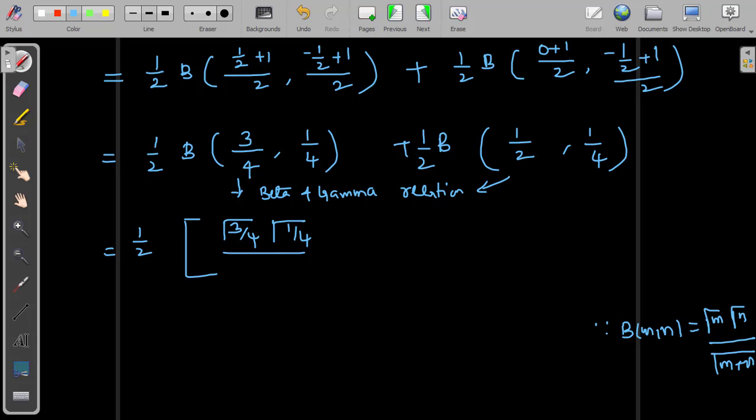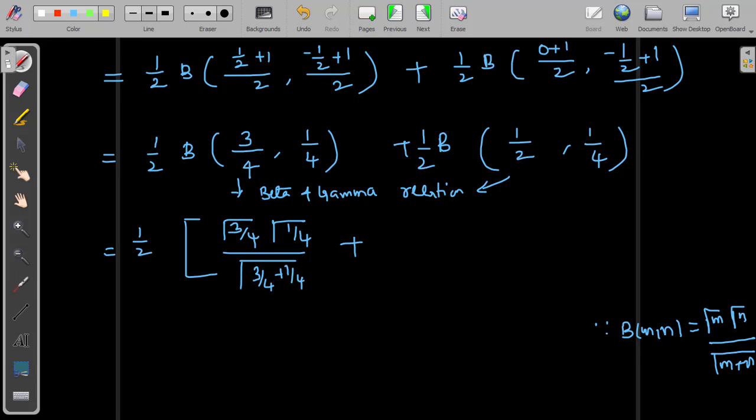In the denominator, gamma of m plus n, which means 3 by 4 plus 1 by 4, that is 4 by 4 under gamma. Plus sign. Again the same for this term: this is m, this is n, and I substitute in suitable places.